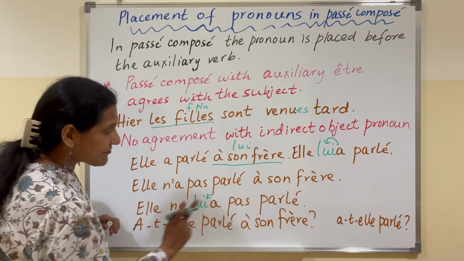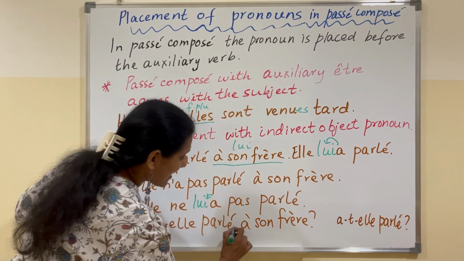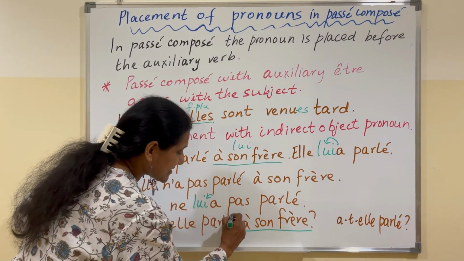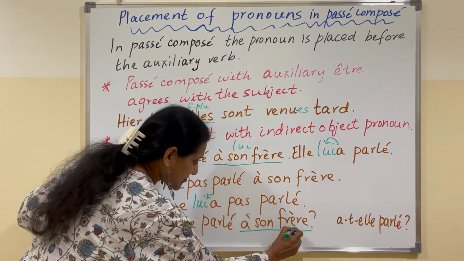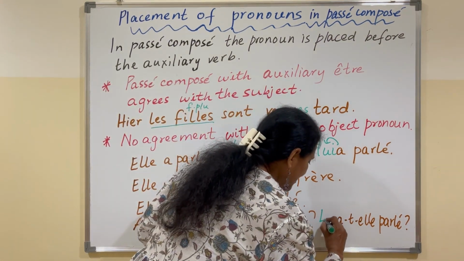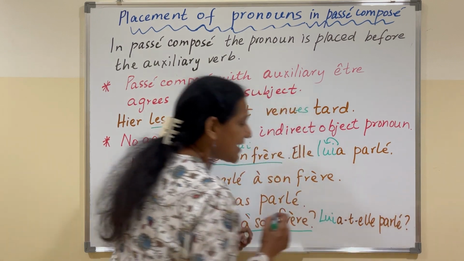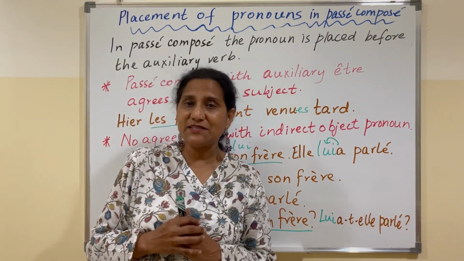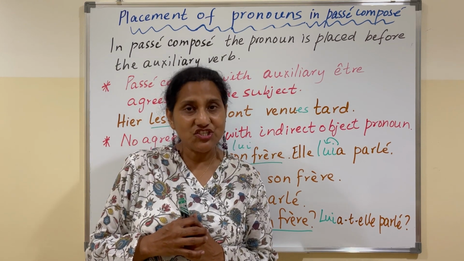A-t-elle parlé à son frère? So this is an indirect object pronoun, which is placed after the verb with preposition plus person, and it will be replaced by lui, and it's going to be placed here. Lui a-t-elle parlé?